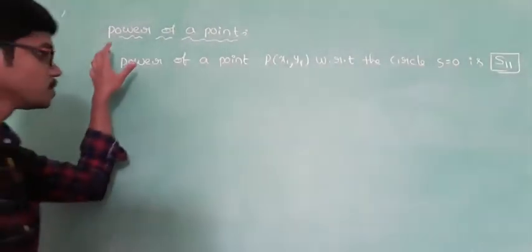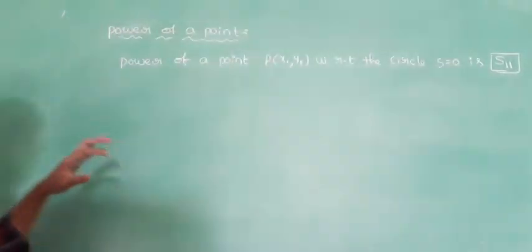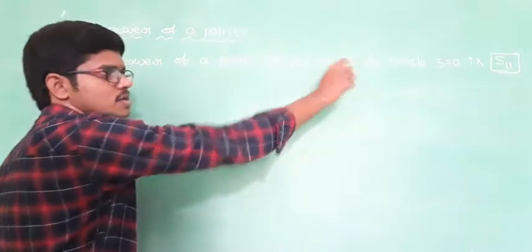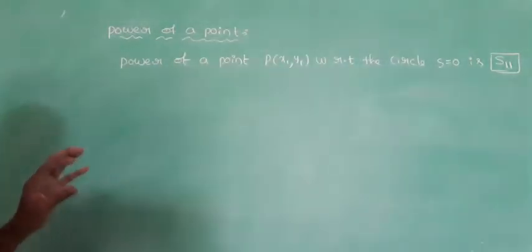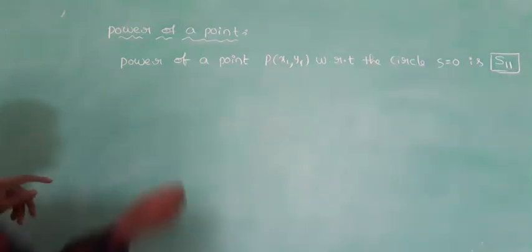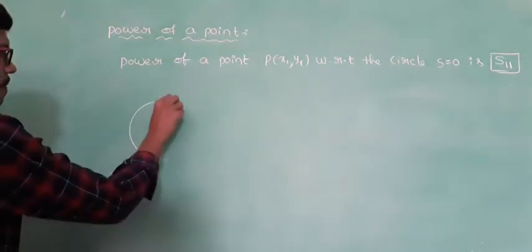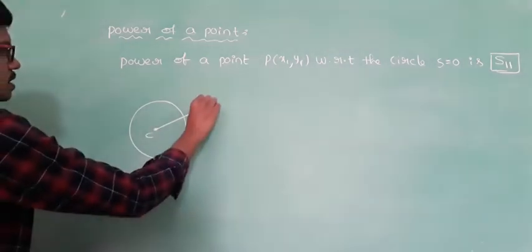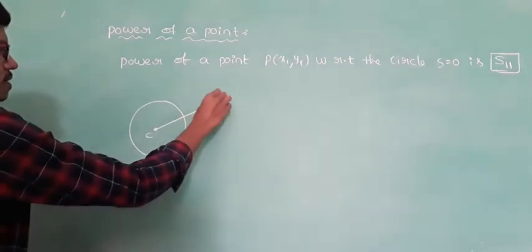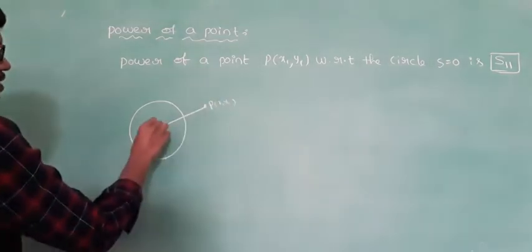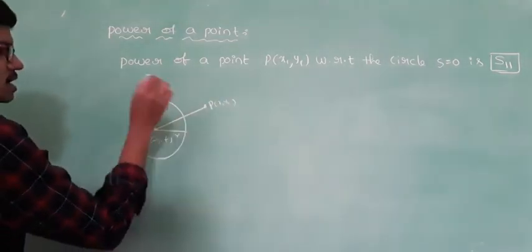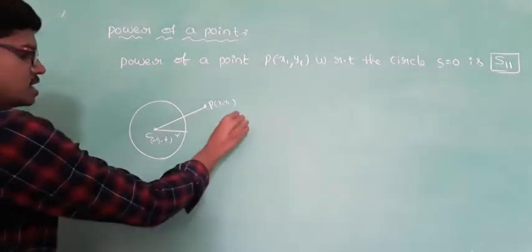See students, power of a point. The power of a point P with respect to any circle is S11. That is, this is center C at (−g, −f), and this is the exterior point (x1, y1), and this is the radius.